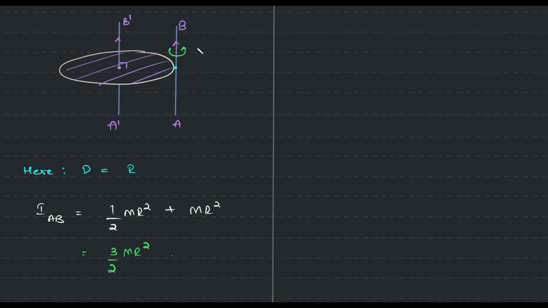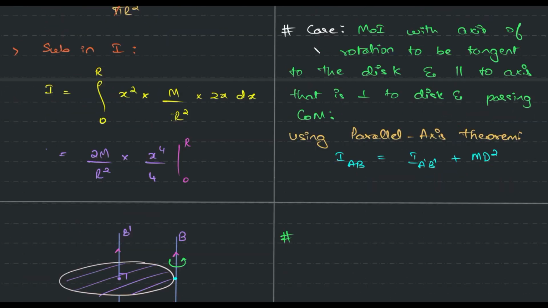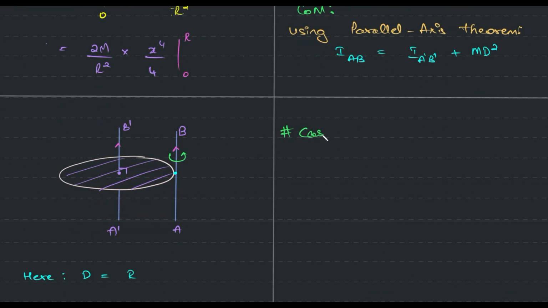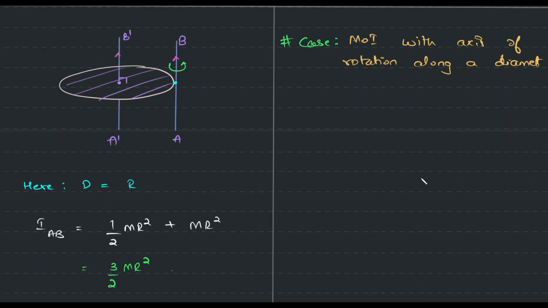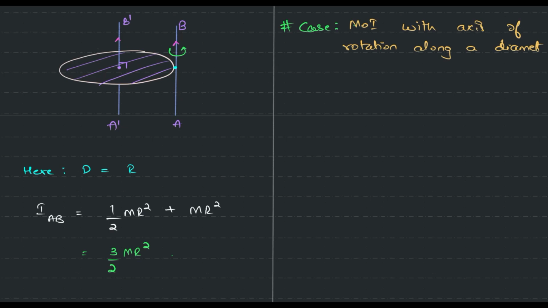So we are rotating in this manner, so on and so forth. So then we have the case of moment of inertia with axis of rotation along a diameter. So here, yes, we can make use of the perpendicular axis theorem.